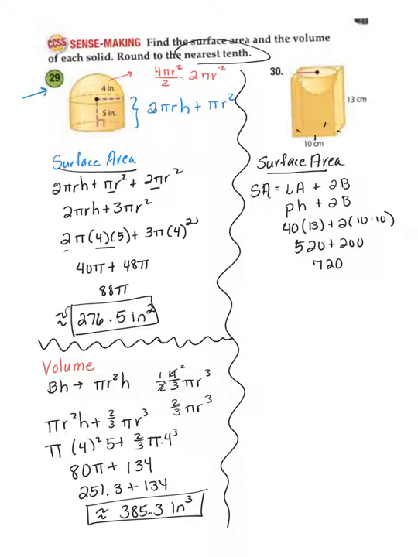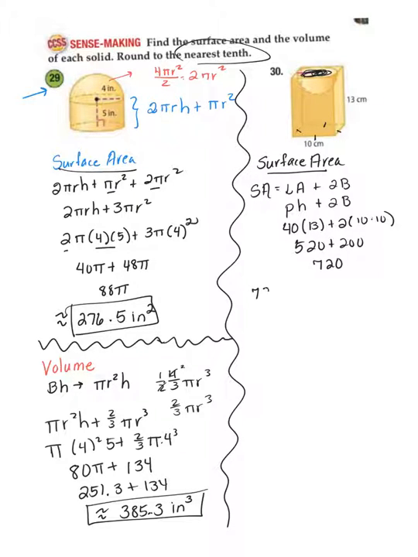Now, the scoop, however, was taken out of there. So what I want to do is remove from that top base the circle that's in there. Okay, this is the piece I'm taking off. So I'm going to have 720 removing the circle.